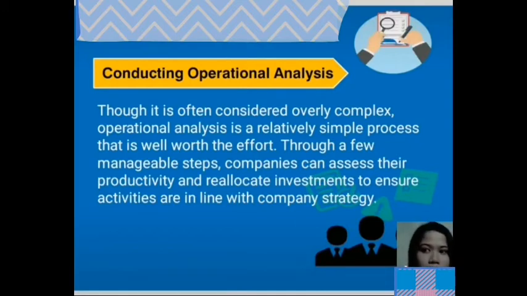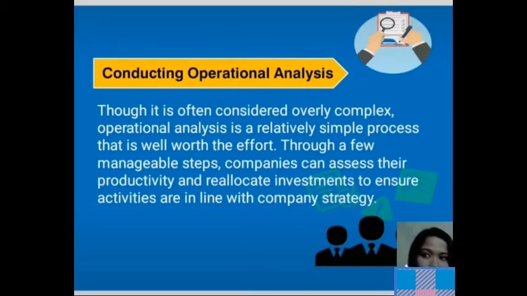For example, labor productivity is a ratio of output per person. It is the efficiency of the labor in the transformation of raw materials into a product, and reallocating investments to ensure activities are aligned to the company's goals and objectives. Also, this allocation aims to balance the risk by dividing the assets.